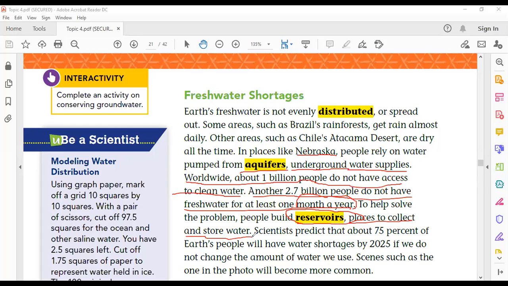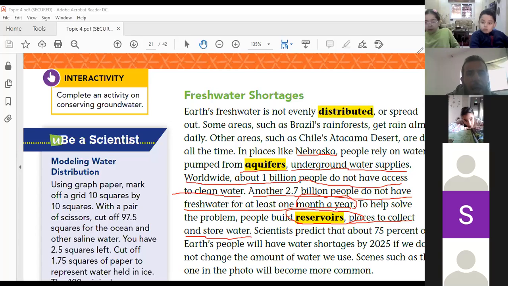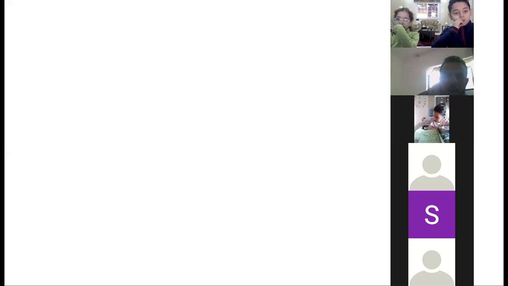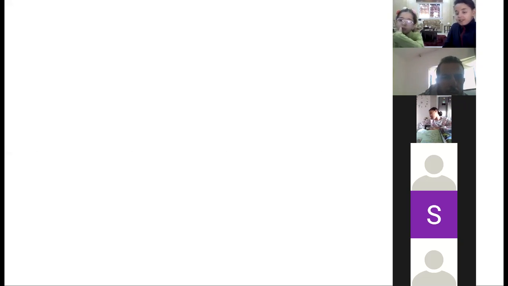Can you give me an example of reservoirs in Jordan? Dams, which in Arabic we call سدود. Like King Abdullah, and Wadi Al-Arab dam.